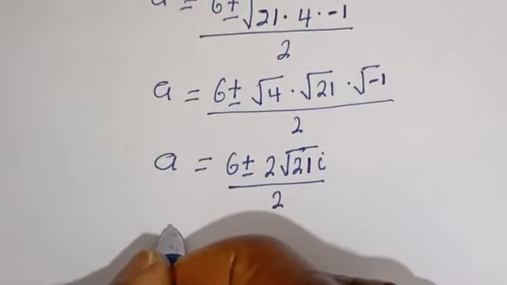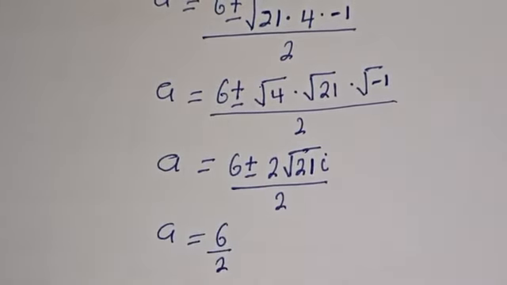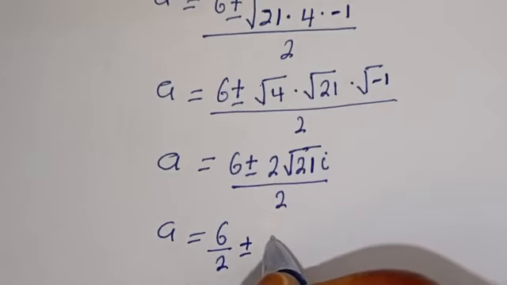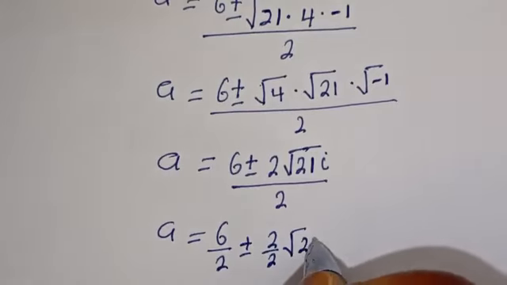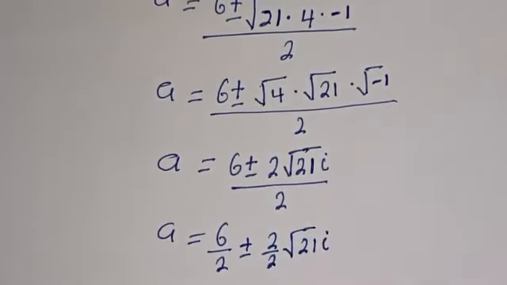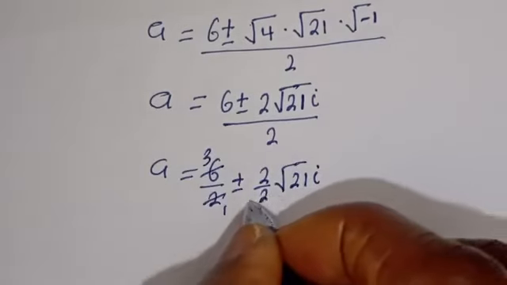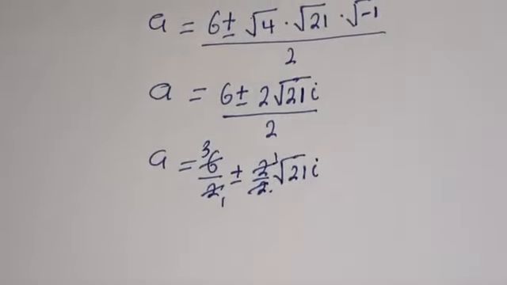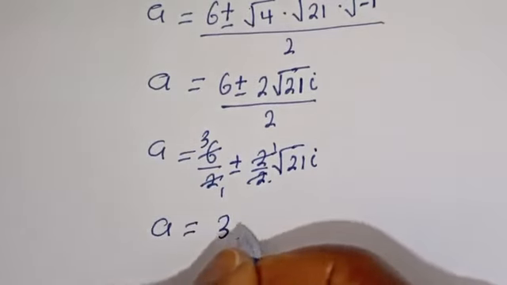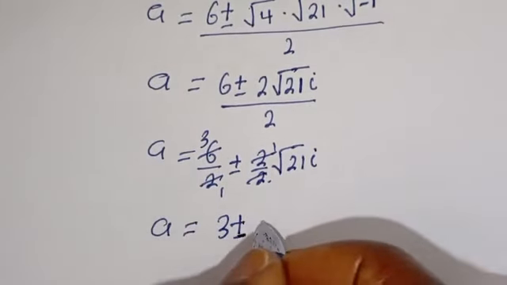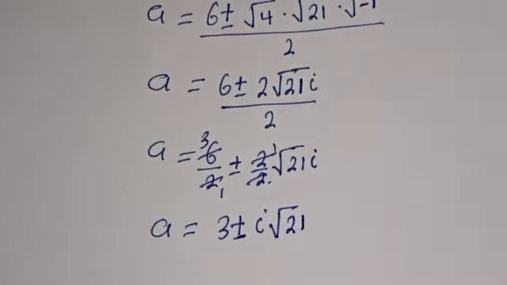Then a is equal to 6 divided by 2 plus or minus 2 divided by 2 square root of 21 i. Now 2 here, 1, 2 here, 3, 2 here, 1, 2 here, 1. a is equal to 3 plus or minus i root 21.